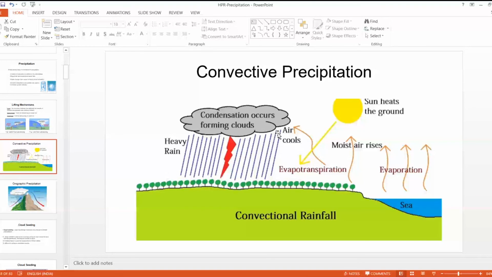When it is lifted up, it becomes cool. Some condensation occurs, and when the conditions are such that a cool wind is blowing, then immediately the condensed water becomes rainfall.